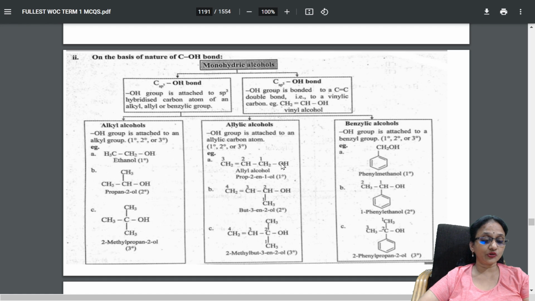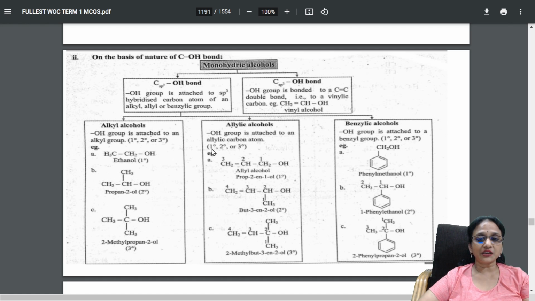Directly, the functional group OH is not attached to the double bond. In benzylic alcohol, again it is primary, secondary, and tertiary, where OH is attached to a CH2 group. Further, OH is attached to a CH group, secondary, because there is only one hydrogen atom, and OH attached to a carbon with no hydrogen atoms is tertiary. Right, got it, students? All right.